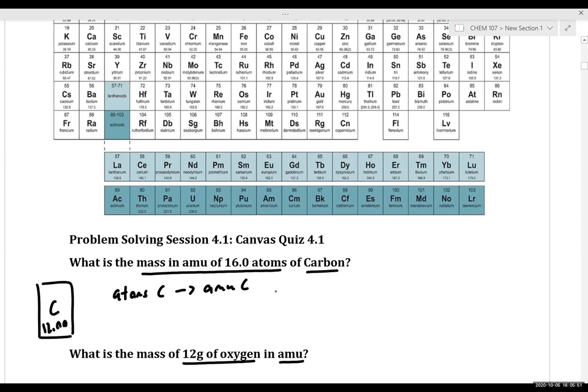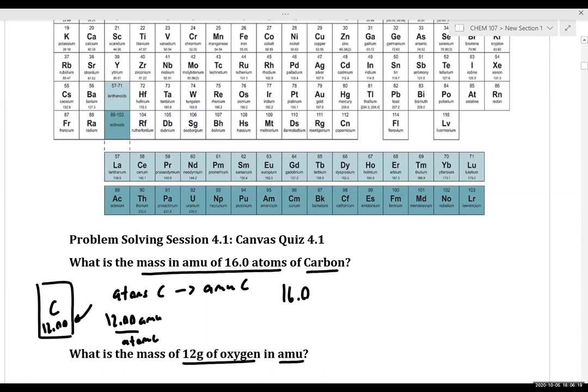In other words, for carbon, we have 12.00 AMU per atom of carbon. You get the atomic mass from the periodic table. Now, with that established, we can take the atoms of carbon and calculate the AMUs.